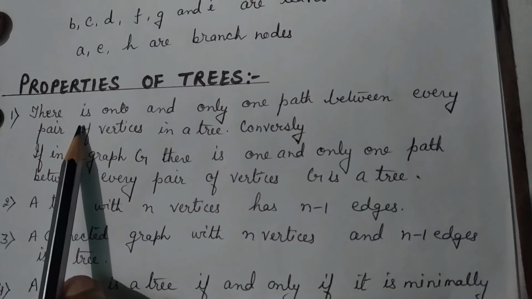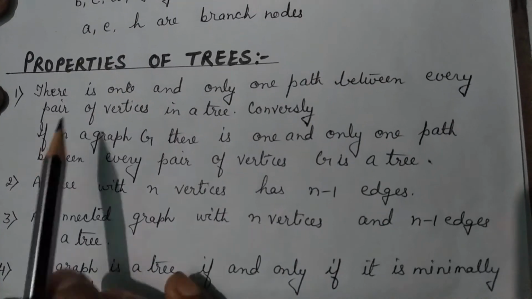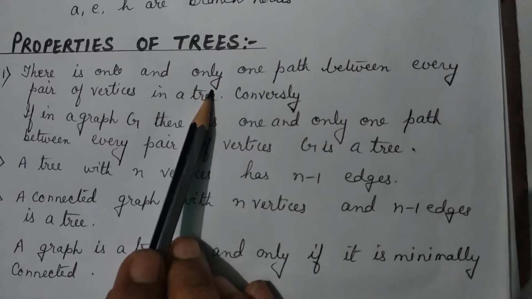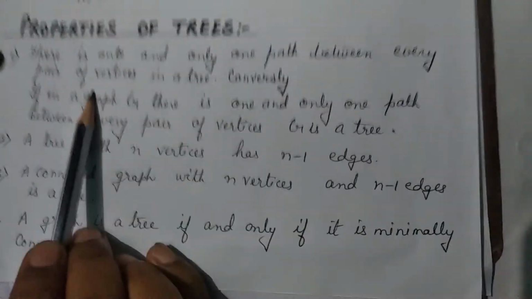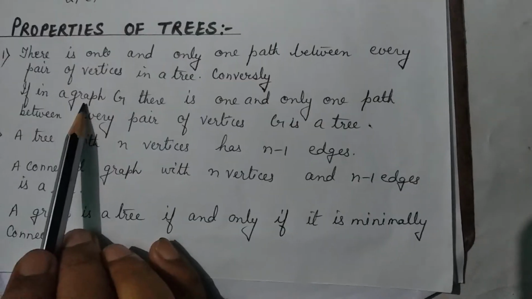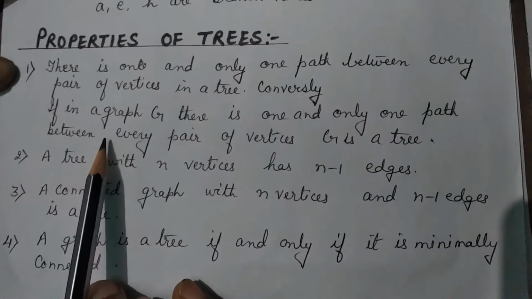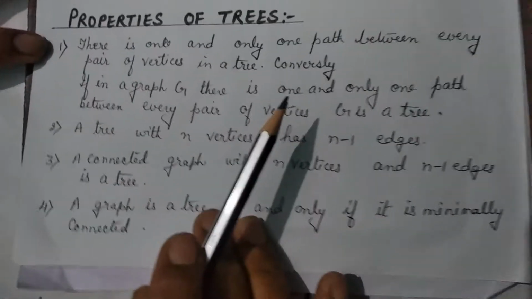Let us discuss what are the properties we are going to see. The first one will be, there is one and only one path between every pair of vertices in a tree. Conversely, if in a graph G, there is one and only one path between every pair of vertices, G is a tree.